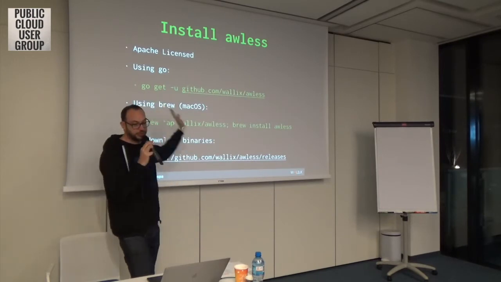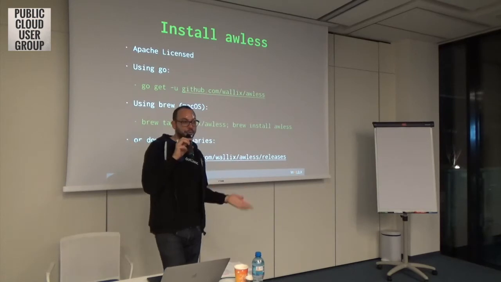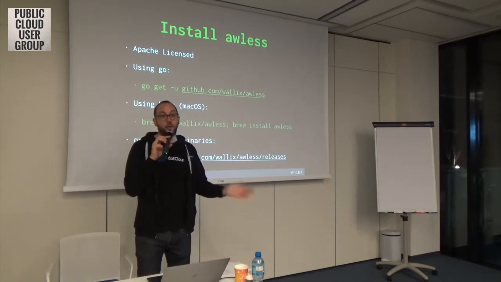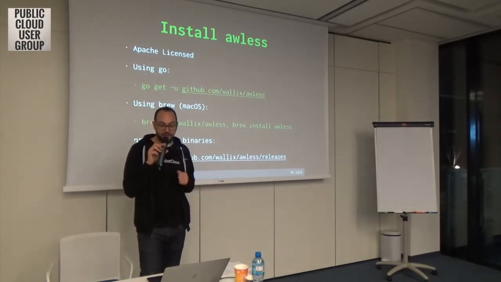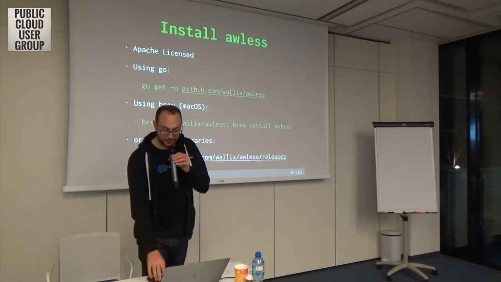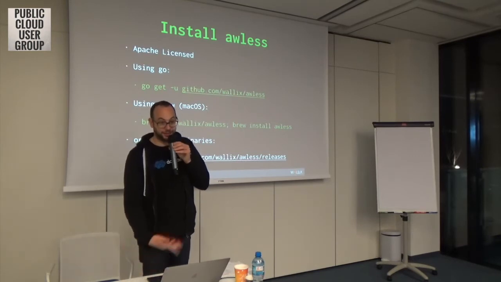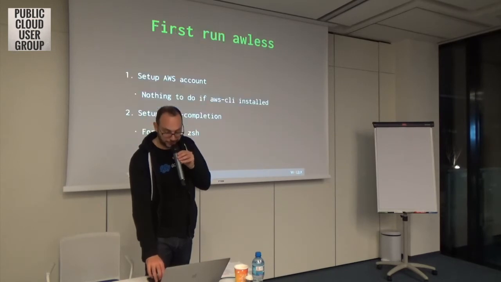If you have Go installed, you just run go get github.com/wallix. If you're using a Mac, we have a Homebrew package, so you can just brew tap and brew install. Or you can download binaries, which we build using our CI, from the repository.